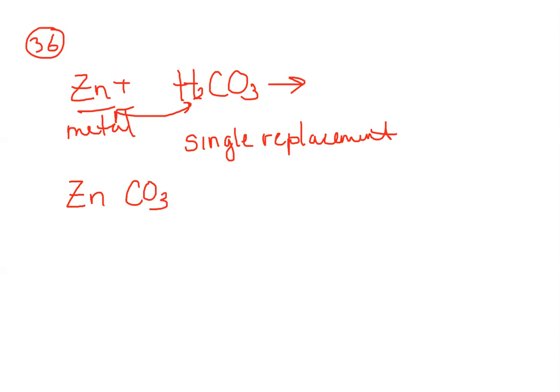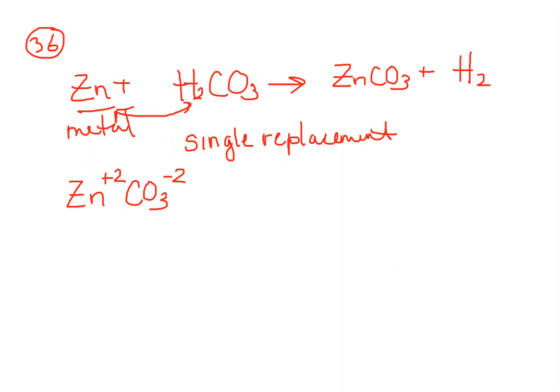Zinc has a charge of +2, and CO3 has a charge of -2. So that becomes ZnCO3. And then we've got hydrogen out there by itself. And hydrogen always has a 2 because it's diatomic.